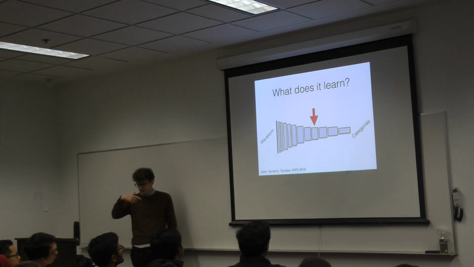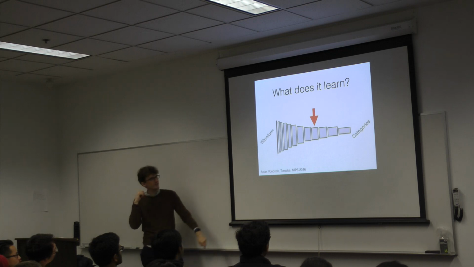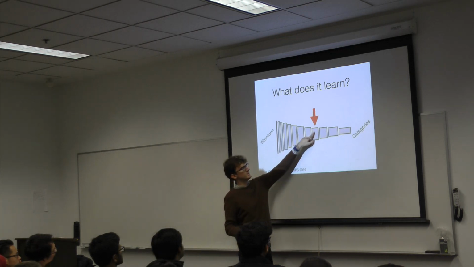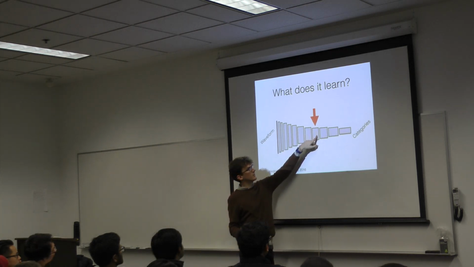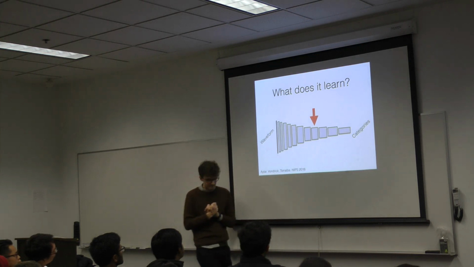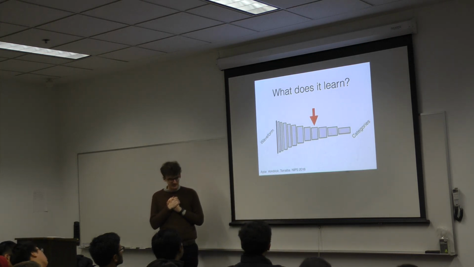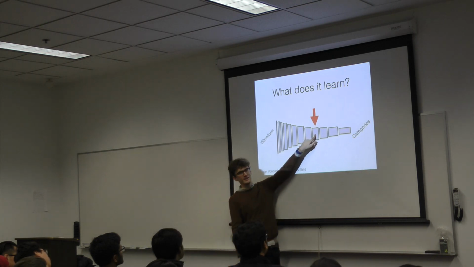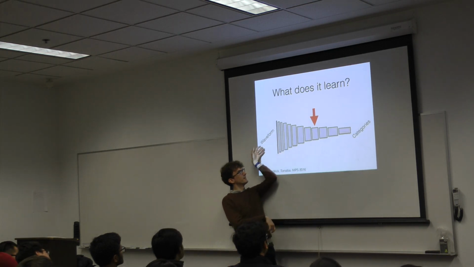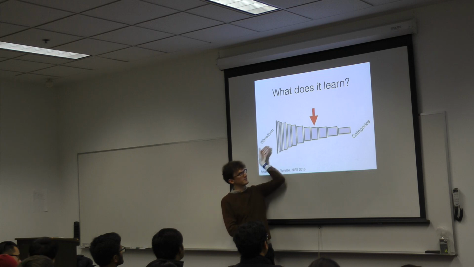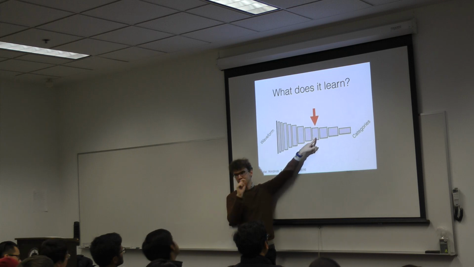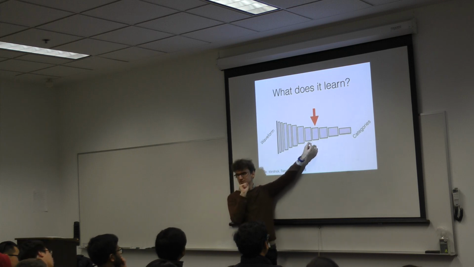What gets more interesting is as you go deeper into the model, we try to understand what representation it's learning. The way we do this is a now standard trick where you pick a unit inside the model and feed a bunch of images or sounds, in our case sounds, through, and see what sounds activate your unit the most.